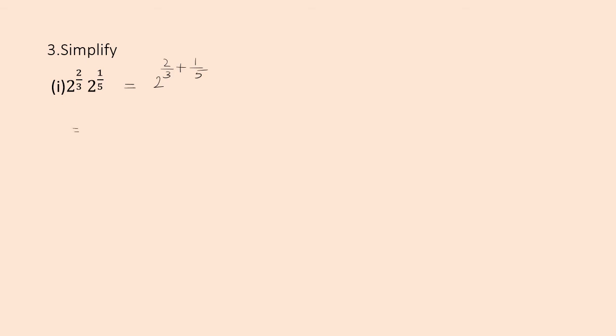Since the powers have different denominators, you have to take the LCM, that is 5 multiplied by 2 plus 3 multiplied by 1 upon 15. That is 2 raised to 10 plus 3 upon 15, that is equal to 2 raised to 13 upon 15. When the powers are in fractional form or bigger numbers, you write the answer as it is.